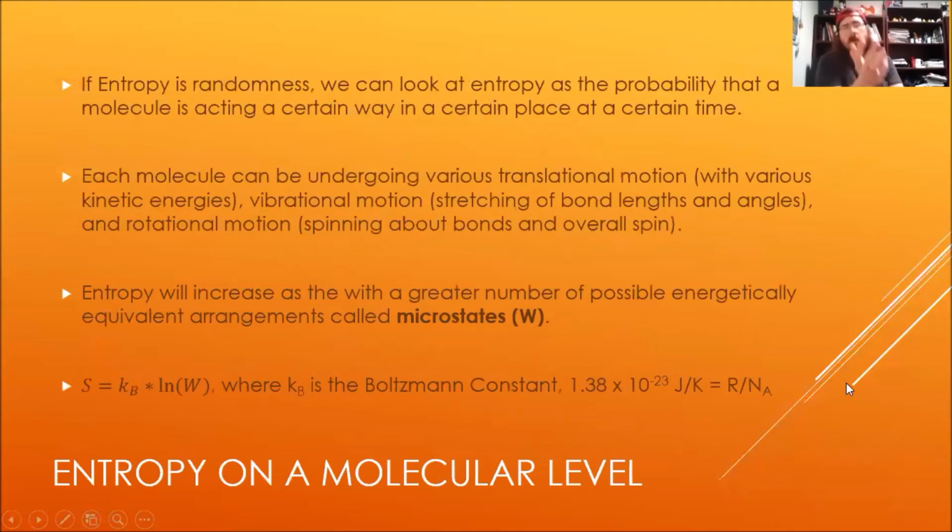So how can we imagine entropy in terms of a chemical reaction? In a chemical reaction, entropy is a probability that a molecule will be acting in a certain way, in a certain place, at a certain time. Essentially, if we look at just a helium atom in a 1 by 1 meter square box, that atom can be bouncing around at any location based on its size.